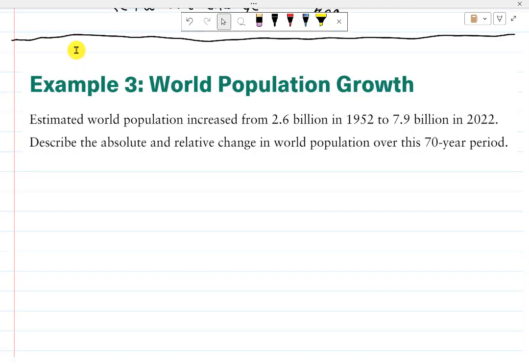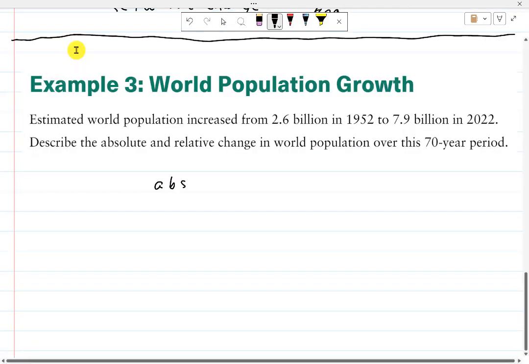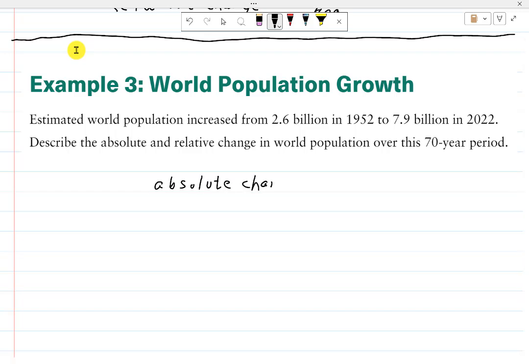So the absolute change is the ending amount, which was 7.9 billion minus 2.6 billion. This is 5.3 billion.